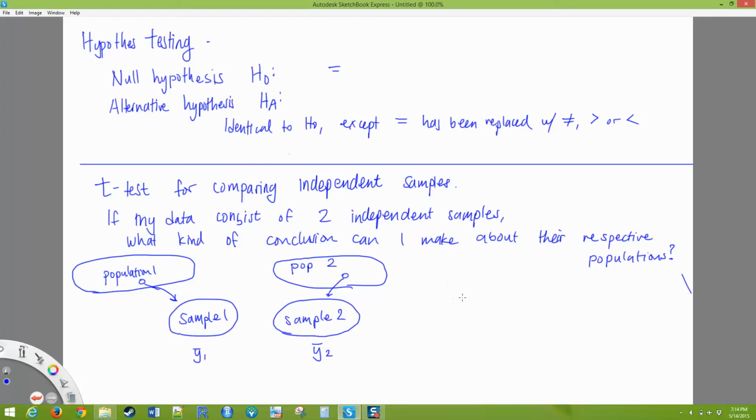So the hypotheses that we propose here, our null hypothesis will be that mu1 is equal to mu2, meaning that the two respective populations have the same population mean.